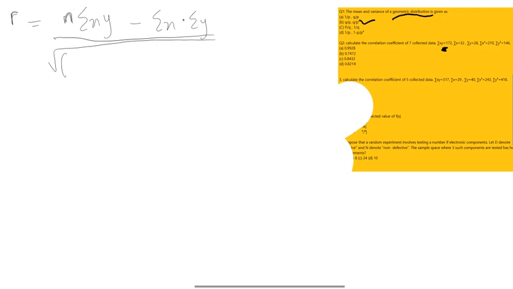Then you open a bracket: n multiplied by summation x square minus summation x all squared. You close your bracket and open another one. This one carries the y values: n times summation y square minus summation y, all squared.